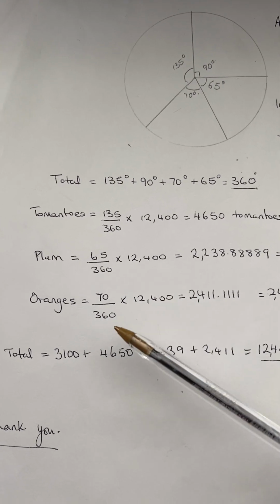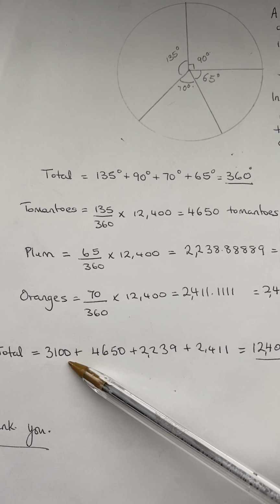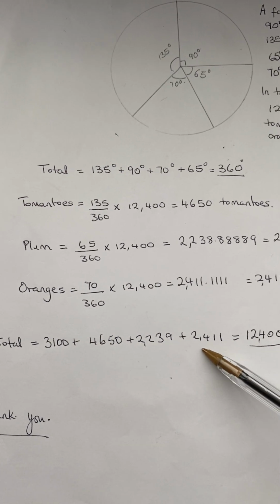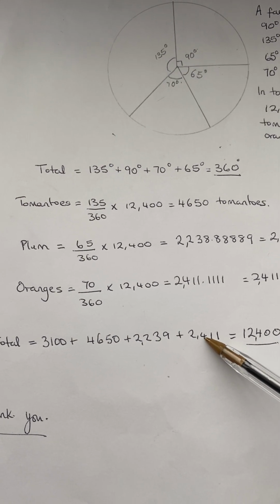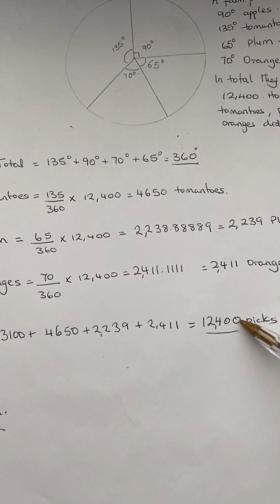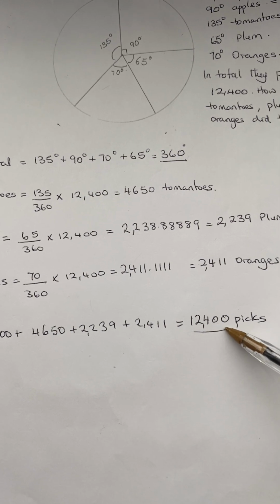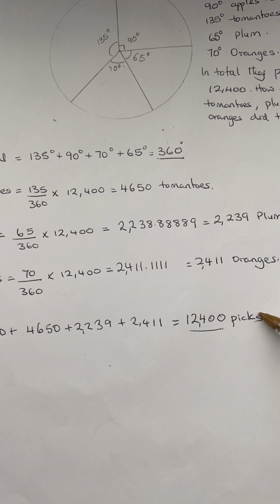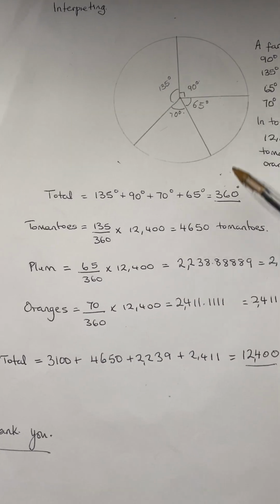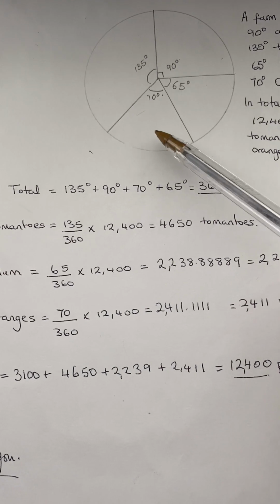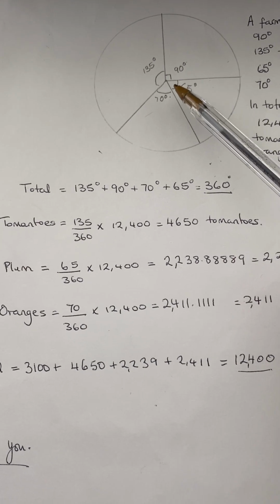Okay, so now when you add all this together from the calculator, I got 12,400.